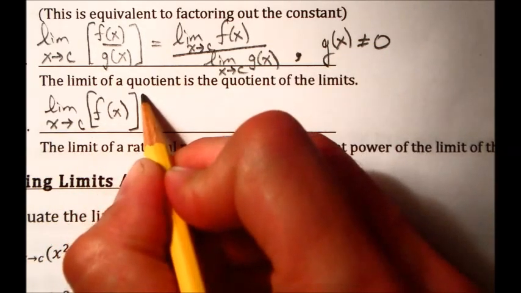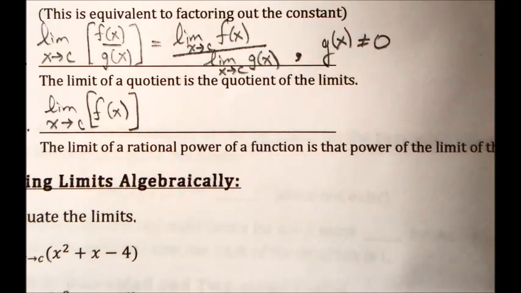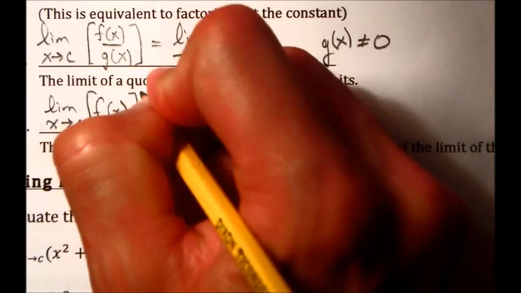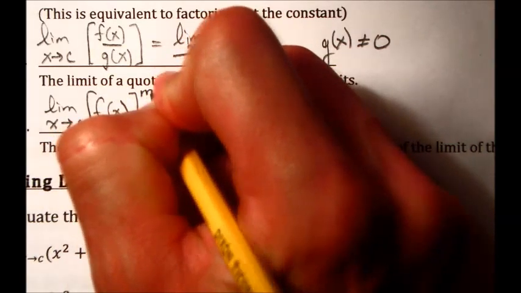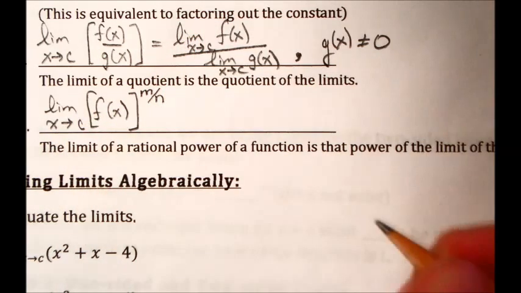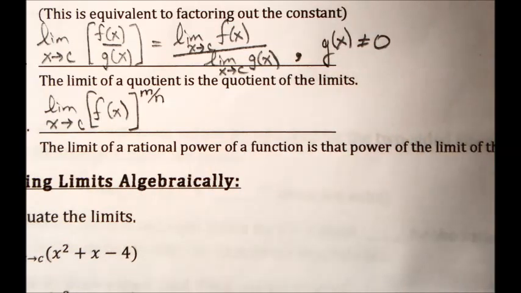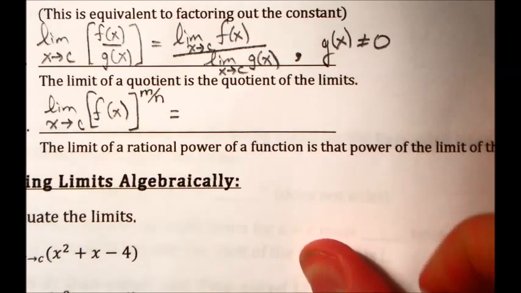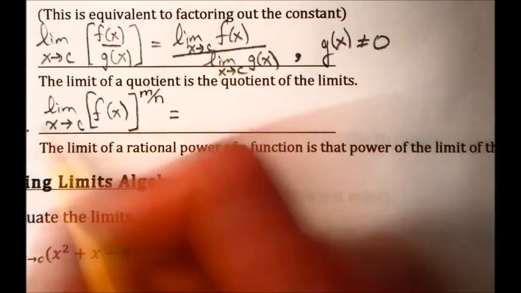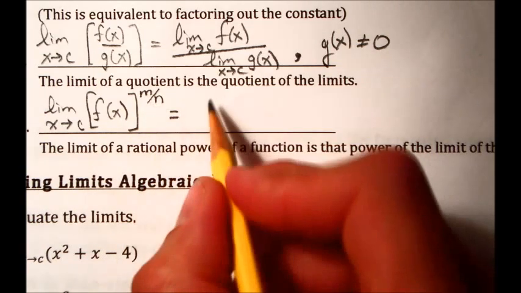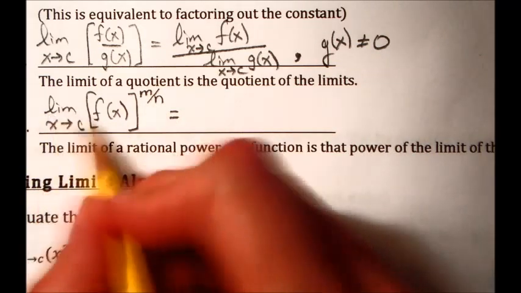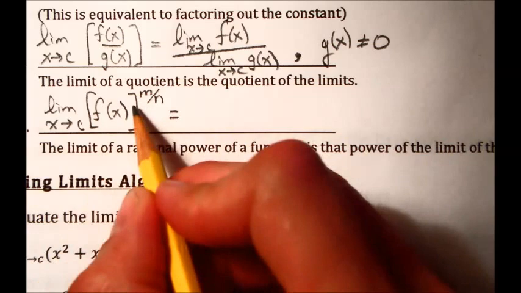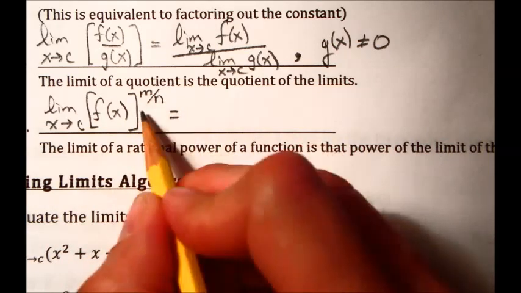It doesn't really matter exactly what we call it. How about we pick m over n. Again, I'm not sure what the book uses here. Okay, so m over n, and then this allows us to basically take the limit of the function and then take that answer and raise it to m over n.